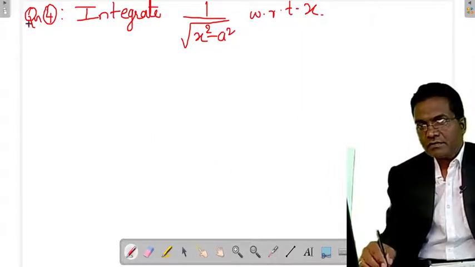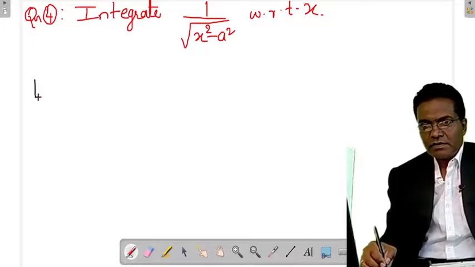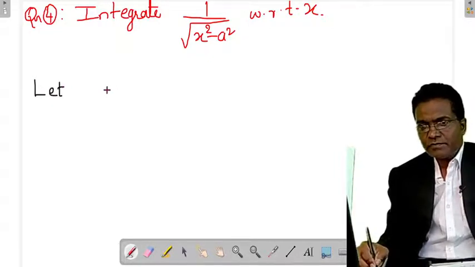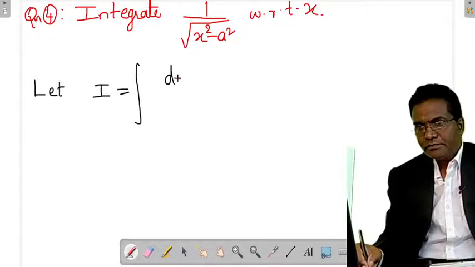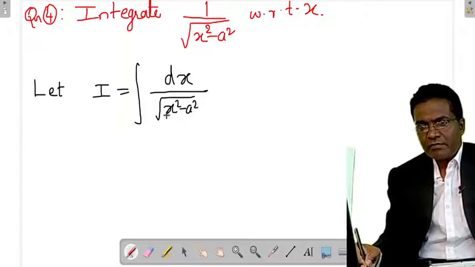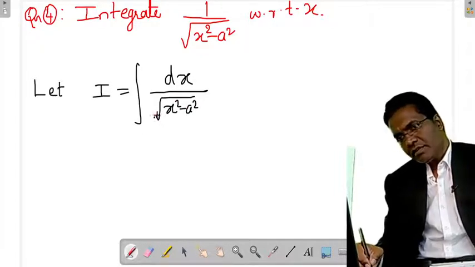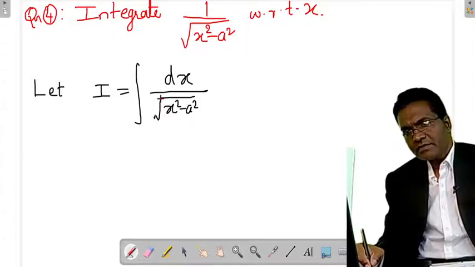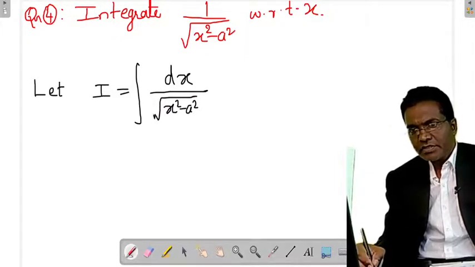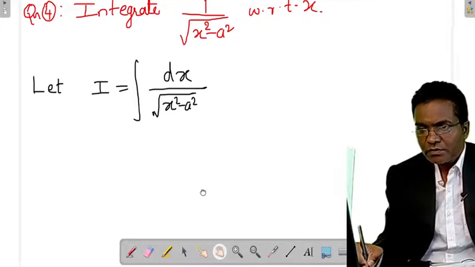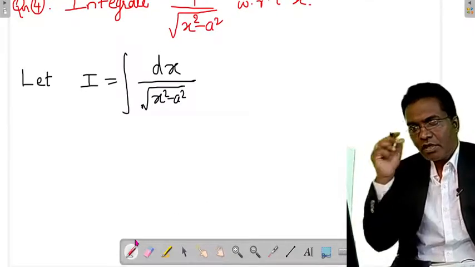Okay, so let I is equal to the integral of dx divided by square root of x square minus a square. Again, you cannot factorize this, and the outside root is there over the root, so substitution is the only way.